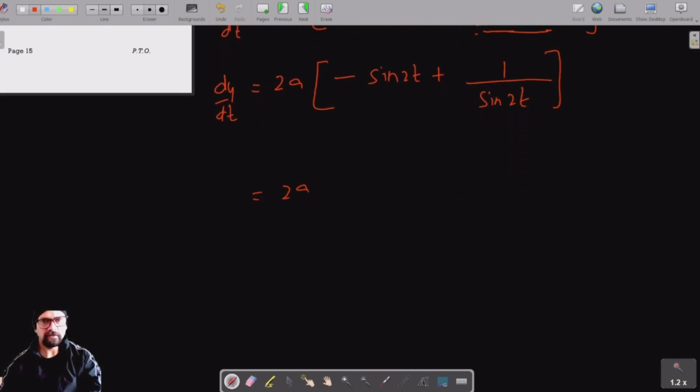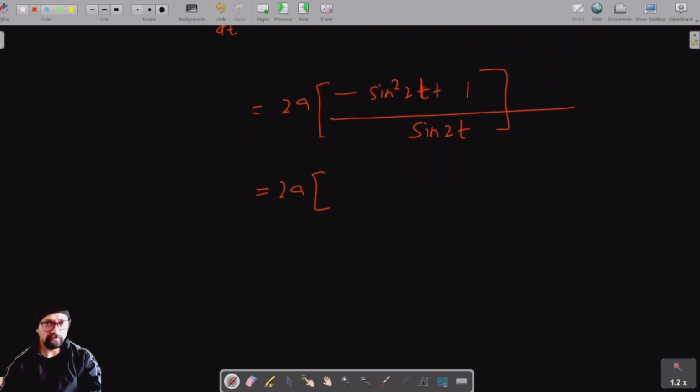And if we take LCM here, this is over sine of 2t, which is negative sine square 2t plus 1. This is equal to 1 minus sine square 2t upon sine of 2t.